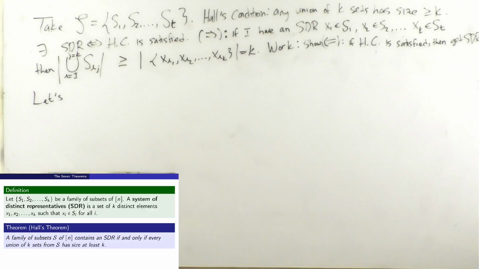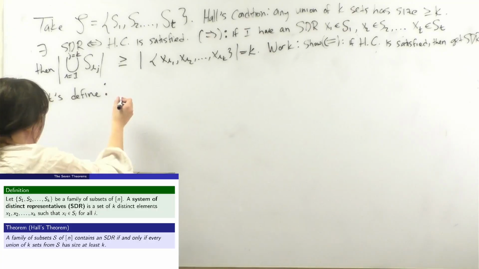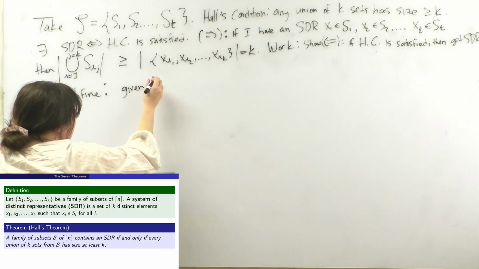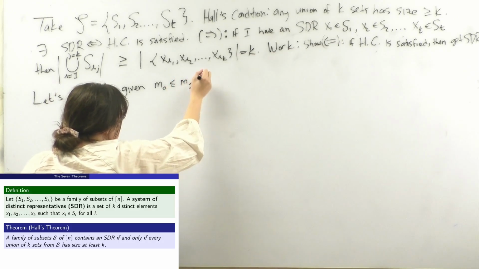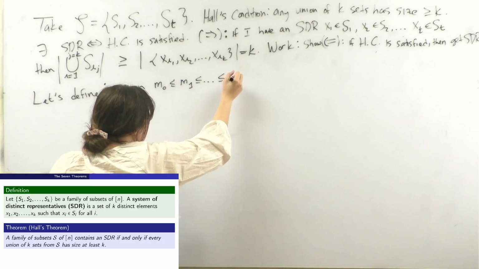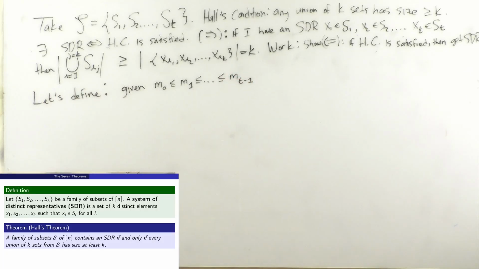So to do that, I'm going to define some functions. The first function I define is going to be a function which takes an input of t numbers which I've ordered in a non-decreasing fashion.